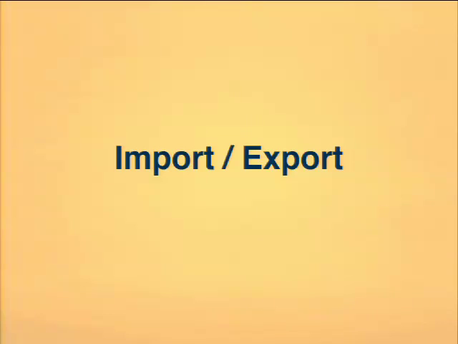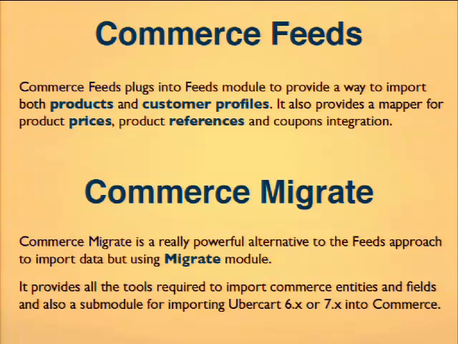So the next category of contribs is import and export. The main modules for getting stuff into commerce from other sources are Feeds and Migrate. We have integrations with Commerce Feeds and Commerce Migrate, and both are ways to import products. Feeds actually supports customer profiles and recently coupons.